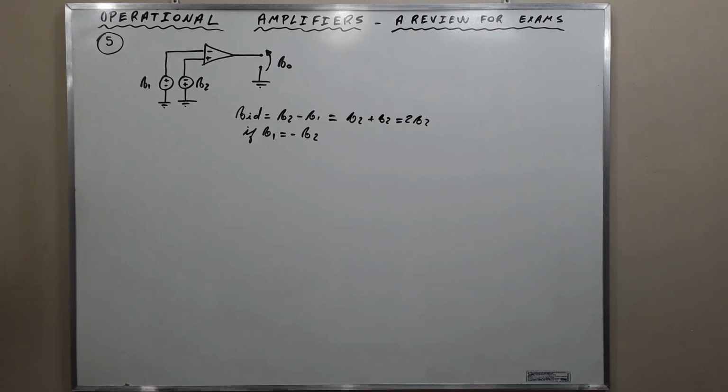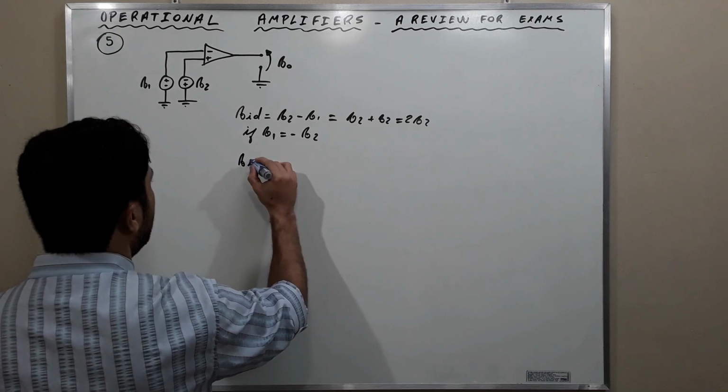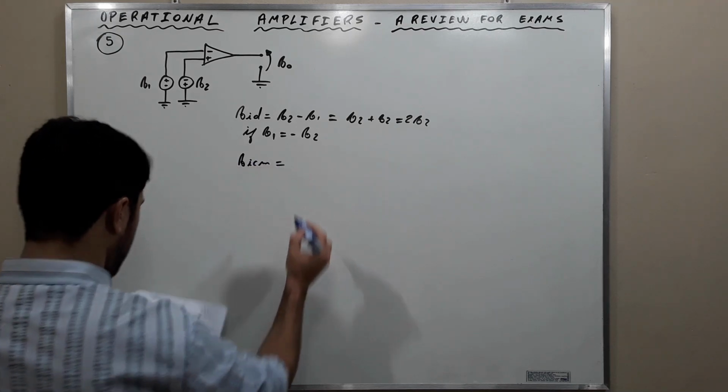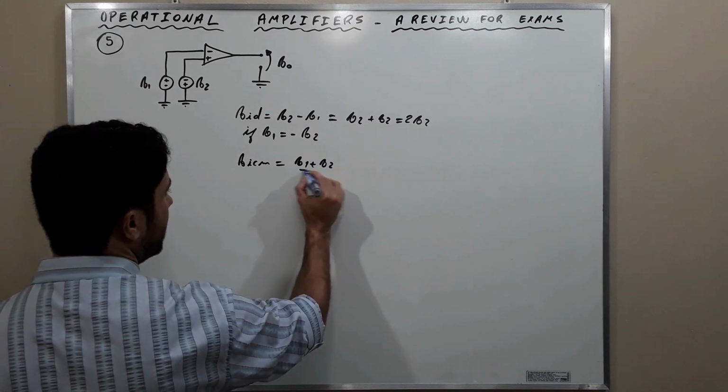And nevertheless, real and non-ideal amplifiers also have a common mode amplification. In this case, VICM is equal to V1 plus V2 divided by 2.